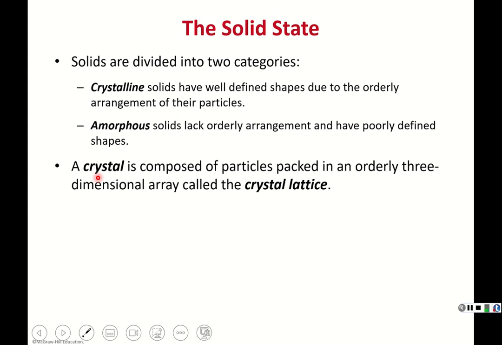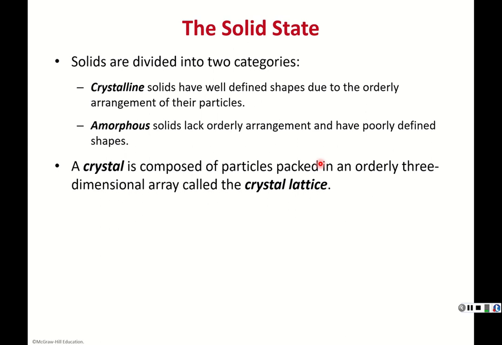A crystal is composed of particles packed in an orderly three-dimensional array called a crystal lattice. Okay, so that term just means it's an orderly arrangement. You can think of it as sort of a ladder, how there are rungs on a ladder at very even points. That's sort of what a crystal lattice is.